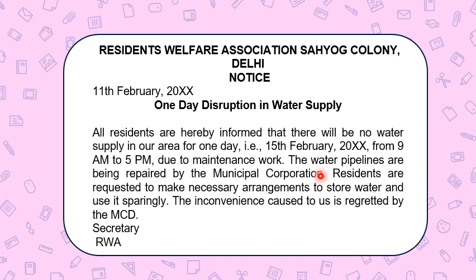Now the appeal is, residents are requested to make necessary arrangements to store water and use it sparingly. The inconvenience caused is regretted by the MCD, and they have mentioned the secretary is the issuing authority here. So in this notice, we clearly see the secretary is requesting the people to make their necessary arrangements in order to store water for at least 1 day.